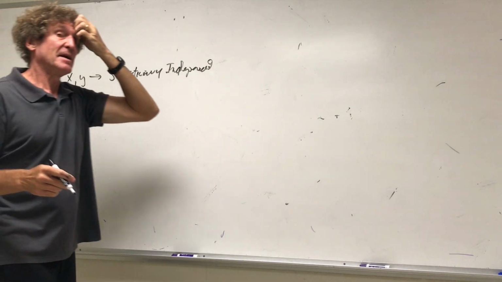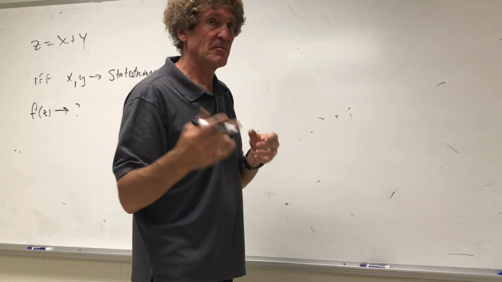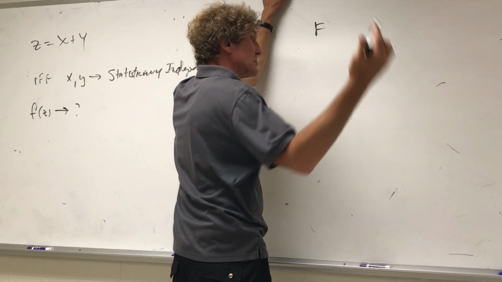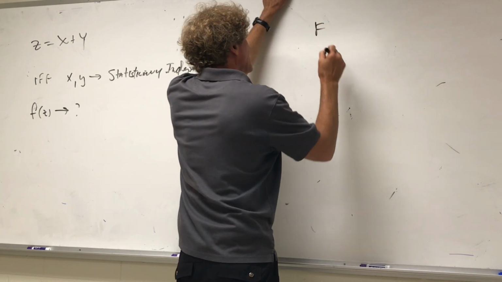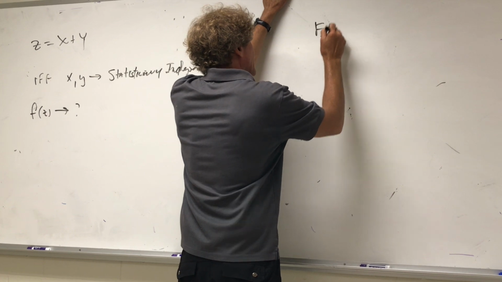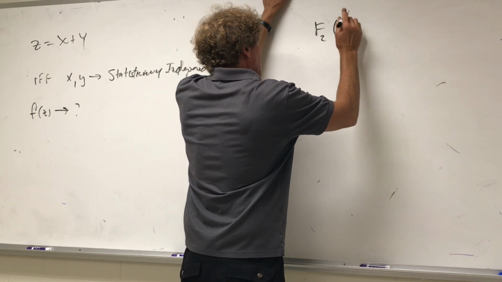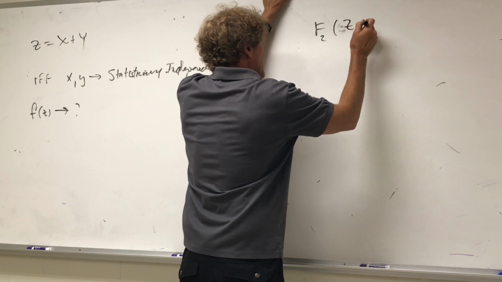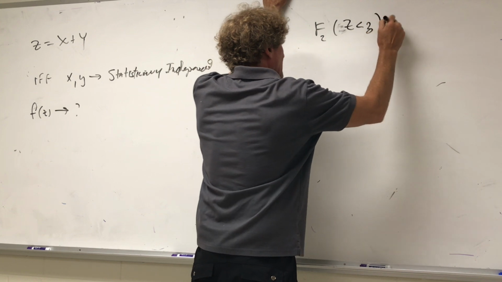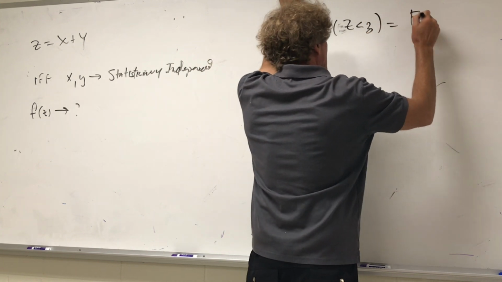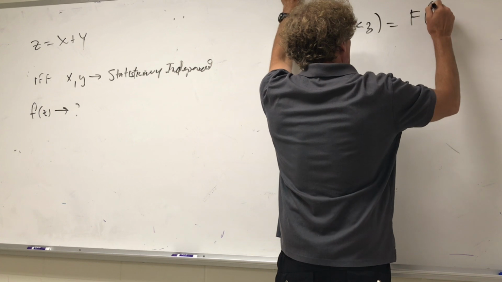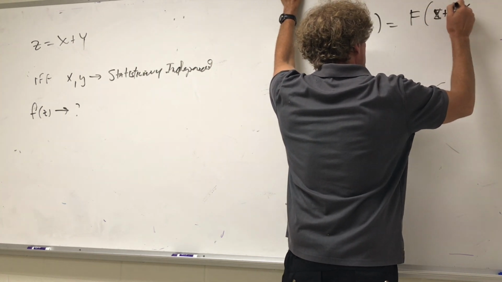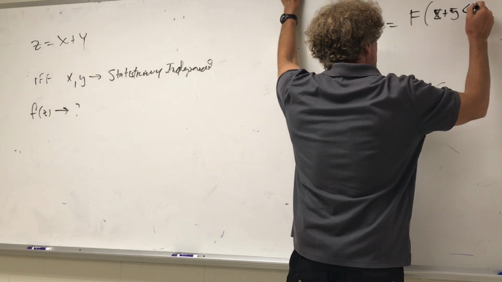And the way he does it, I'm going to try to replicate what he has in this book. Let's go through the general formula for the probability. The probability of the random variable z being less than some small z is the same thing as the probability of x plus y being less than small z.